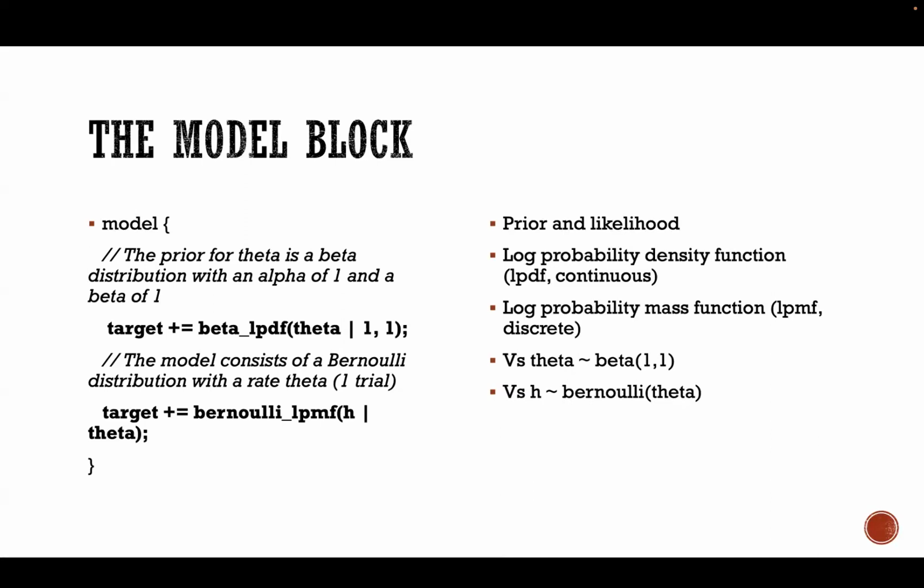So the prior times the likelihood normalized, which we don't do because we do samplers, gives us the probability of this specific value of the parameter given the data, right? Bayes theorem. The posterior, the probability of a parameter value given the data, is equal to the prior times the likelihood. That is this thing, the probability of the data given the parameter value.